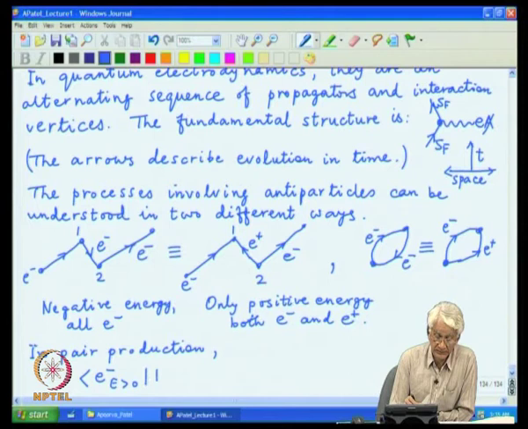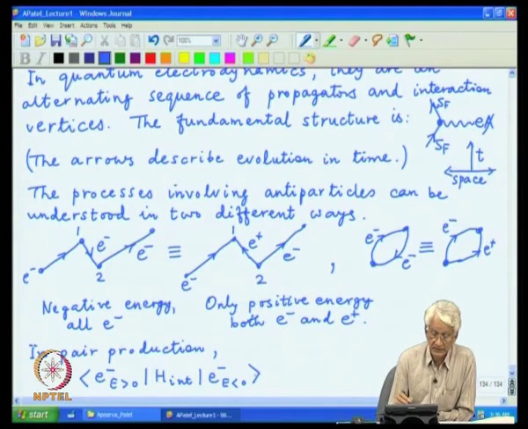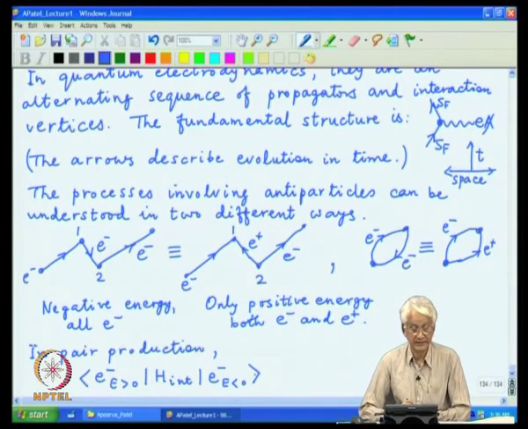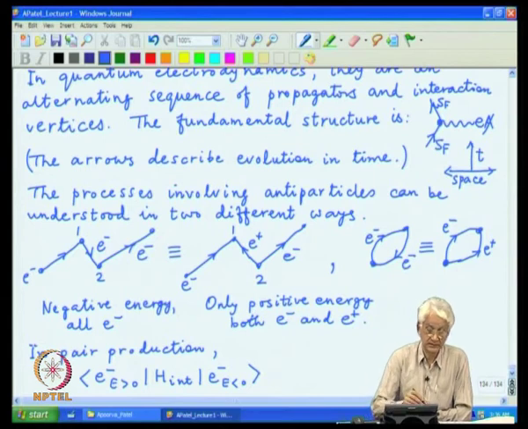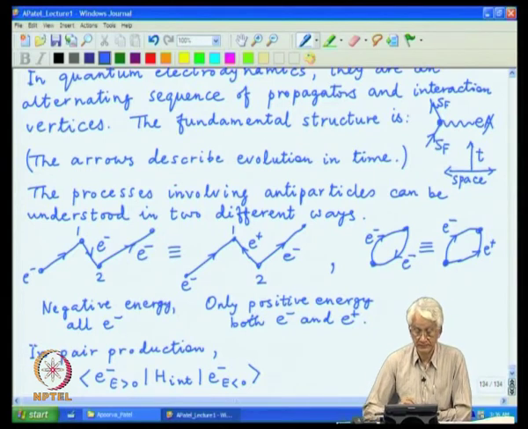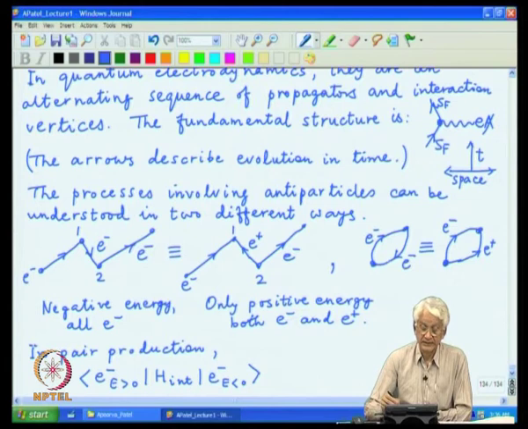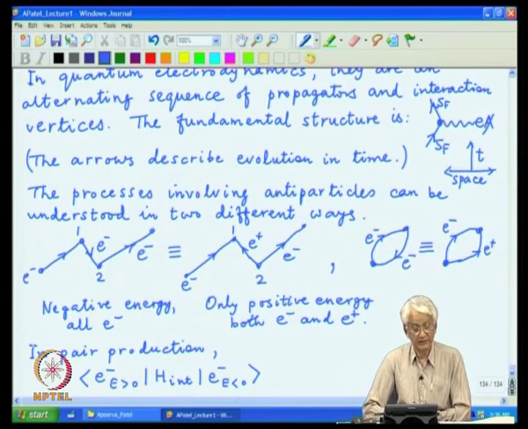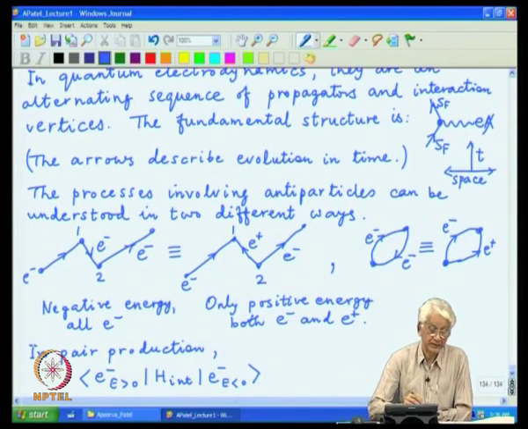It is produced by some interaction from another electron which has negative energy in the initial state. That is the description of what happens at one particular vertex in this diagram, say point number 2.